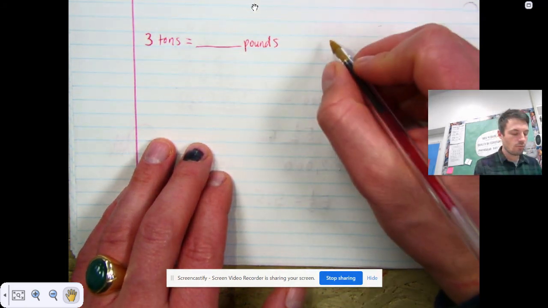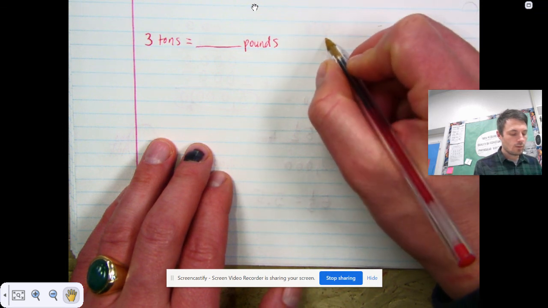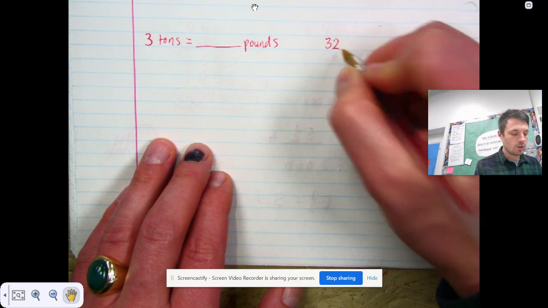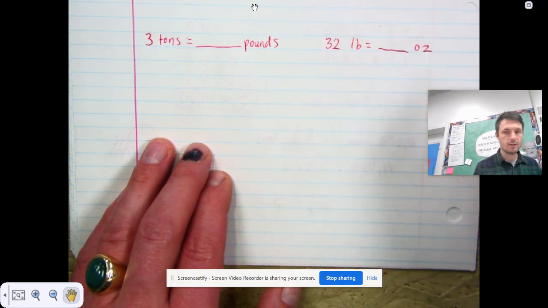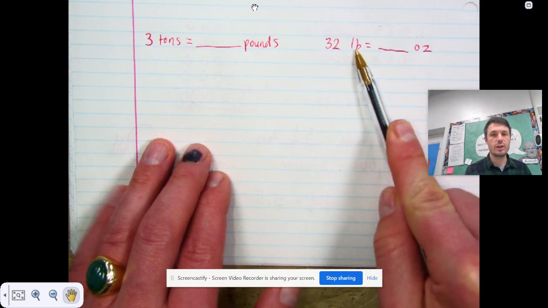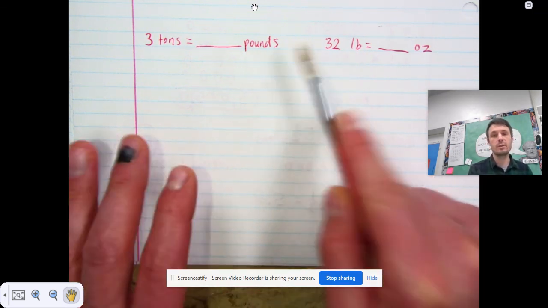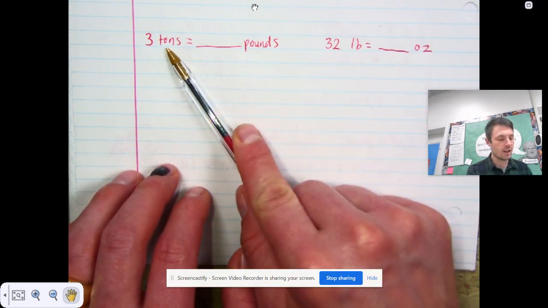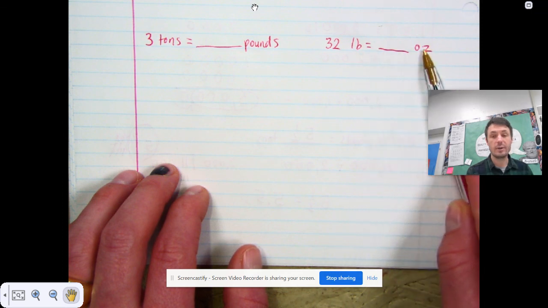And let's do 32 pounds. How many ounces is that? Notice here I wrote the abbreviation for pounds. Here I actually wrote out the word pounds. It means the same thing. So 3 tons, how many pounds? 32 pounds, how many ounces?